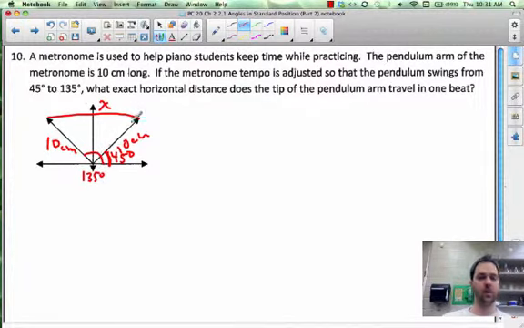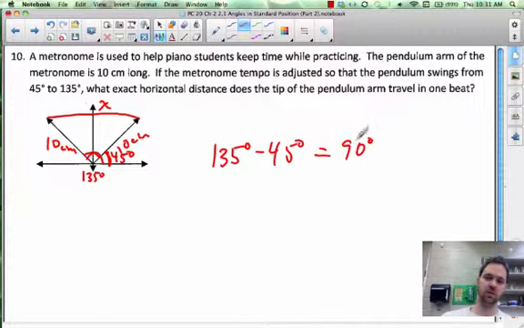Now, the difference between these two angles will be what you get in the middle here, and it turns out that 135 minus 45 degrees is, of course, 90 degrees. 90 degrees in here. So, if these two arms are equal, and this is 90 degrees, that means these two angles have to be equal as well. So we are looking at a 45, 45, 90 triangle here.